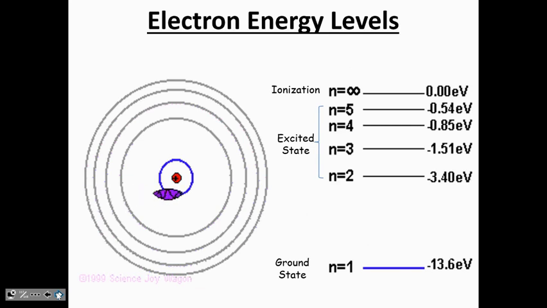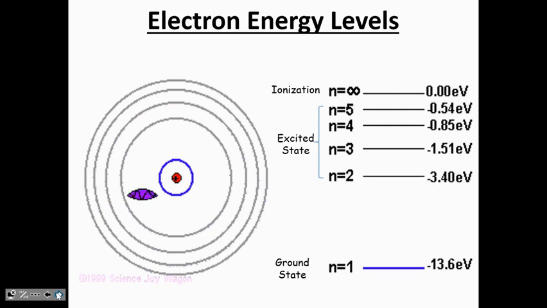So here's a quick animation of what that might look like. As the electrons move from one energy level to another, they're either absorbing or emitting photons of light. In this model of the atom, we imagine that these jumps from one energy level to another occur instantaneously.